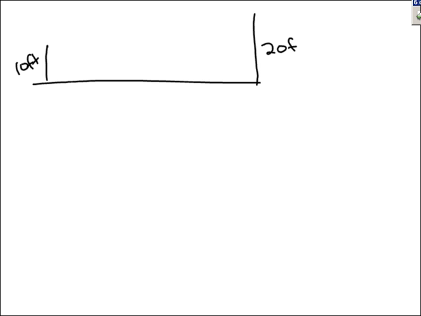Okay. Now, here's a very classic problem. And I'll show you how to do this problem without using any calculus, and it's valid. Suppose here's the street, and you have one telephone pole, which is 10 feet above the ground, and another telephone pole that is 20 feet tall.